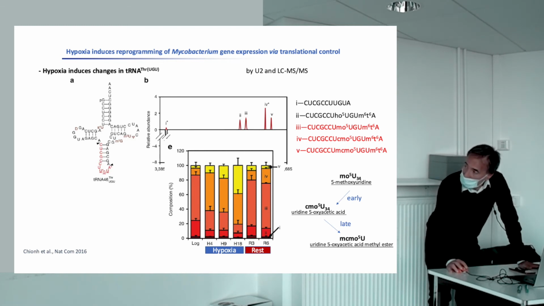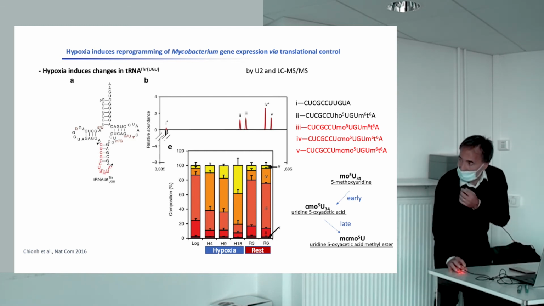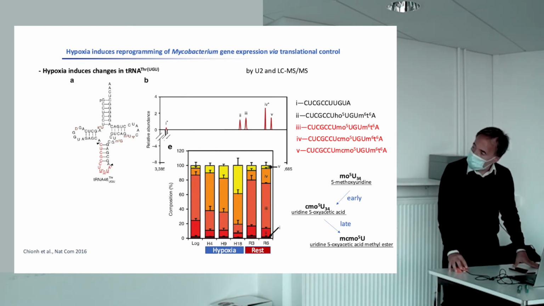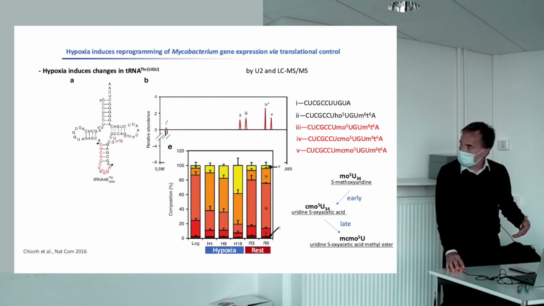Okay, but as soon as you start to have hypoxic condition, then the level of this methoxyuridine modified tRNA decreases, and what is increasing is the level of the uridine 5-oxyacetic acid.